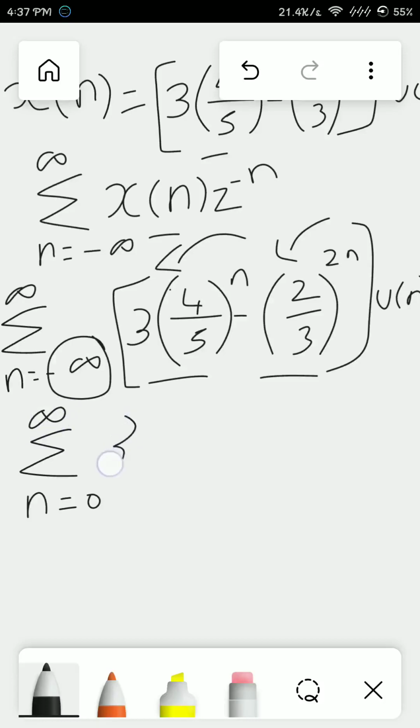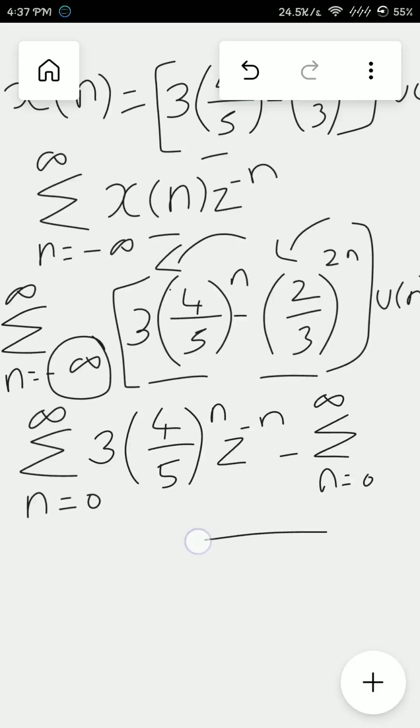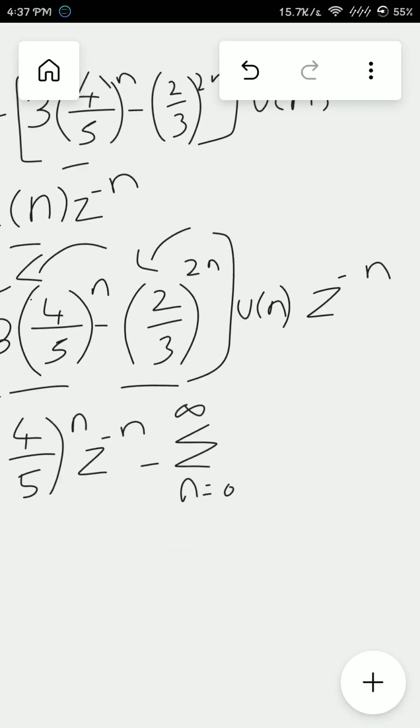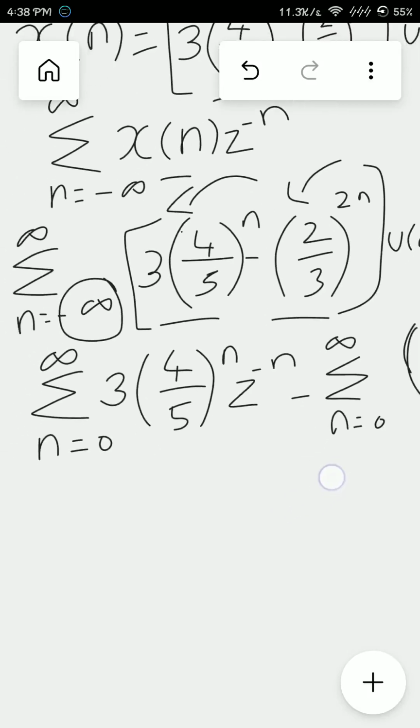So it is the summation of 3 into 4 by 5 to the power of n into z to the power of minus n, minus another summation, n equal to 0 to infinity, of 2 by 3 to the power of 2n into z to the power of minus n, right? So now I have taken the separate summations.